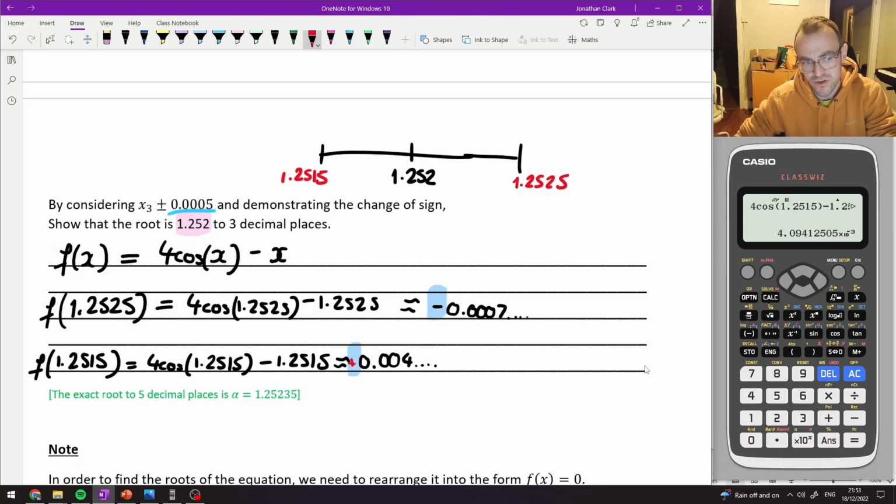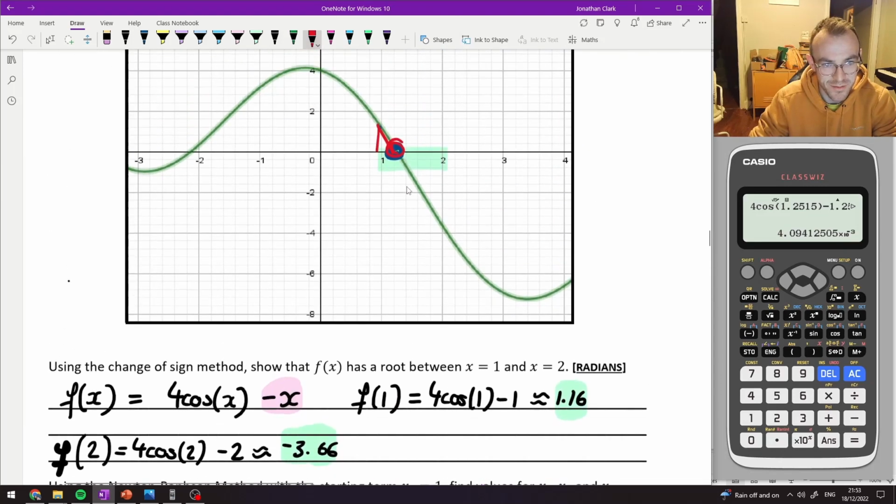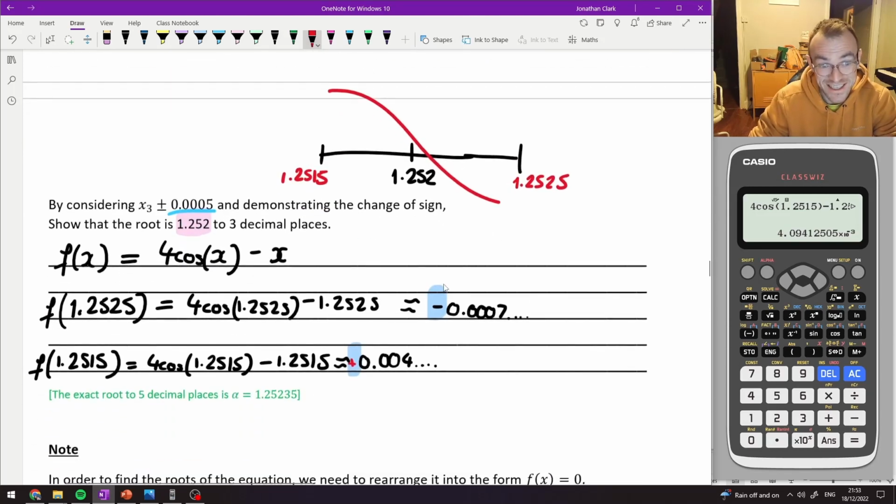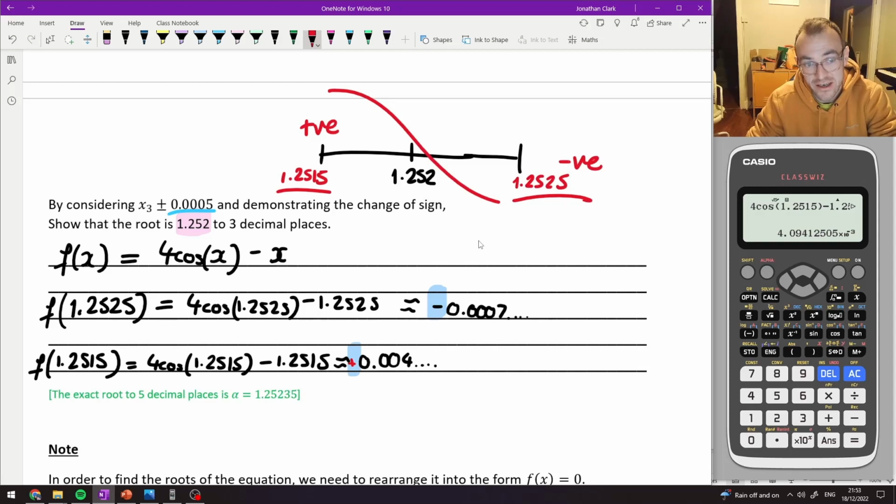If we were to zoom in on the curve, it implies that the curve does something like this. Can't really see it there, I've vandalized that bit, but that's the idea. You plug in this value, it works out as positive. You plug in this value, and it works out as negative. So the actual answer must be somewhere between this.